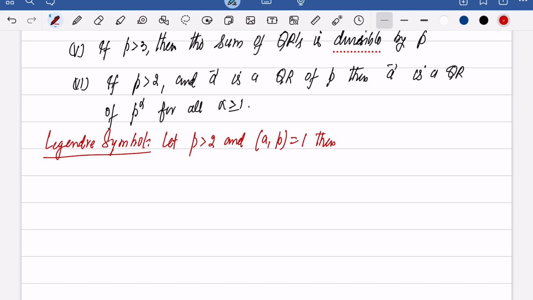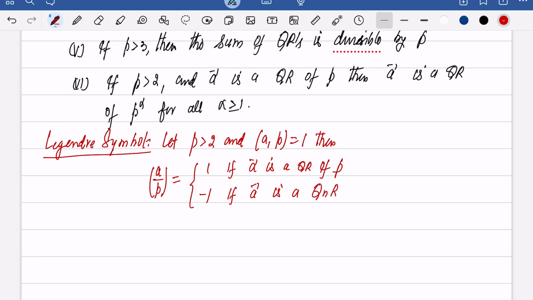Then we define this symbol (a/p), which we call the Legendre symbol, as 1 if a is a quadratic residue of p, and we define the symbol as minus 1 if a is a quadratic non-residue of p. So therefore here we have some nice theory as to how to evaluate whether a given integer a is a quadratic residue of a prime or not. We just have to evaluate (a/p). If it is 1, then it's a quadratic residue.